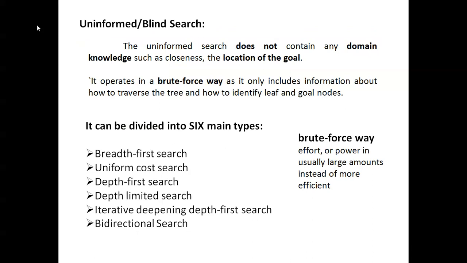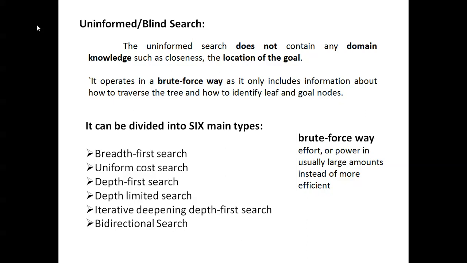Uninformed blind search, as we just discussed, doesn't have the domain knowledge or the goal location, and it works in a brute force way. You know what is brute force? It applies a large amount of effort instead of giving efficiency.